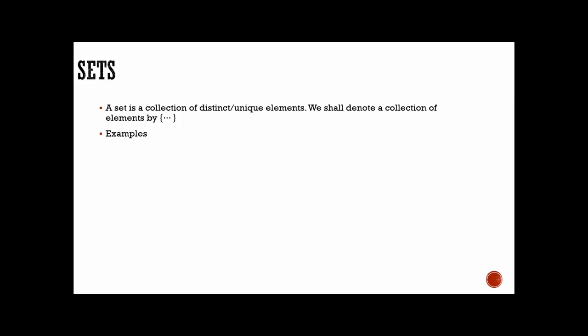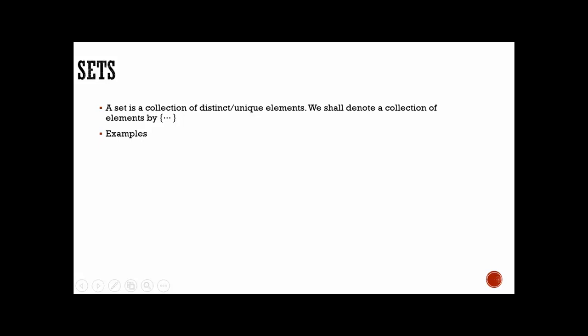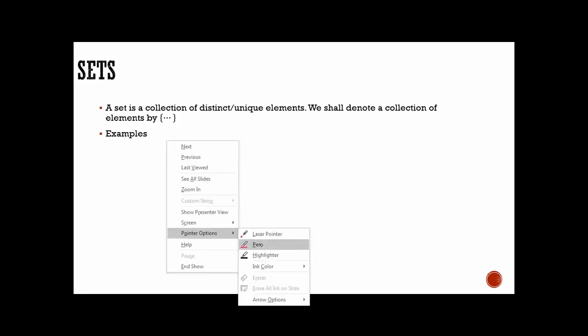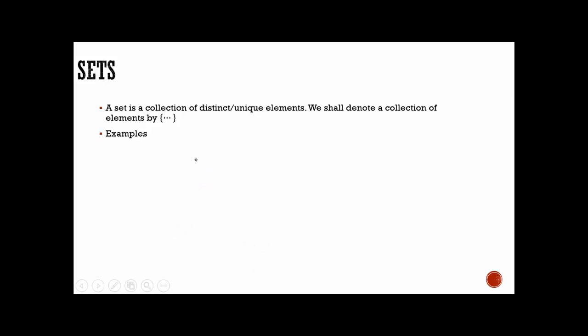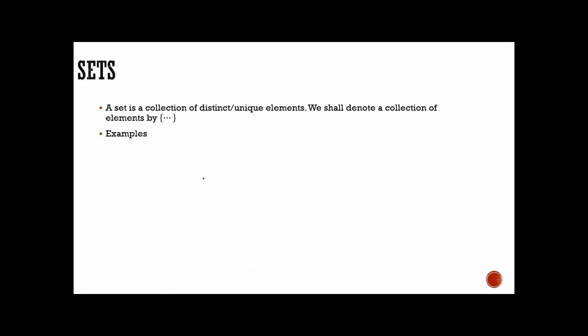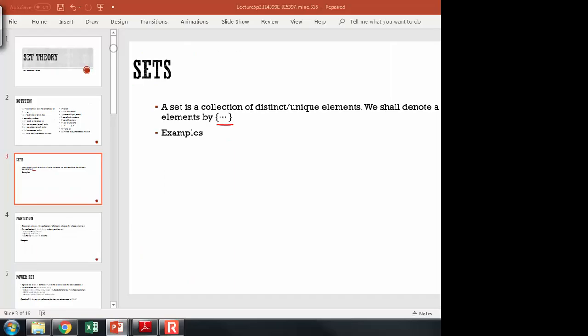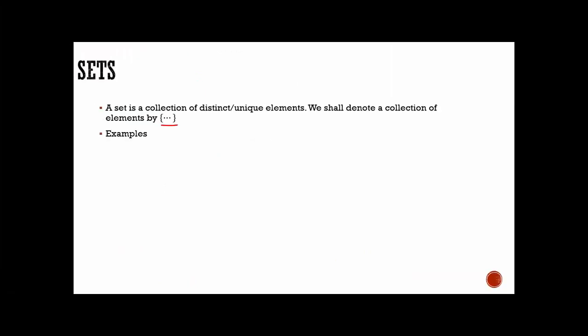So we use that collection, or we represent that collection of elements by using this parenthesis. So anything that is inside are the elements of the set. I can show you some examples.